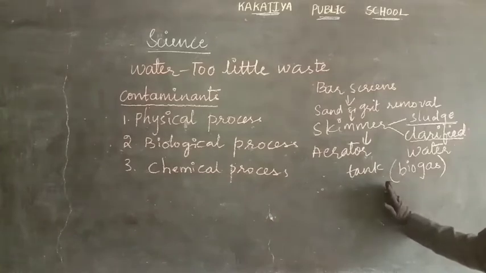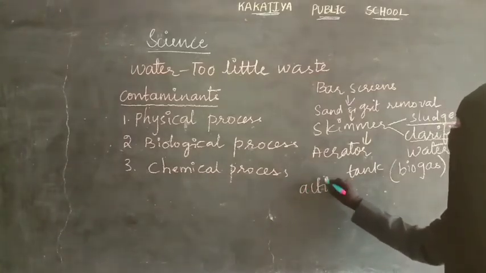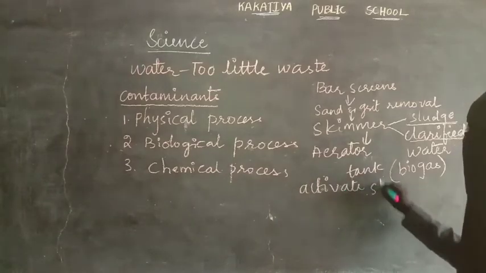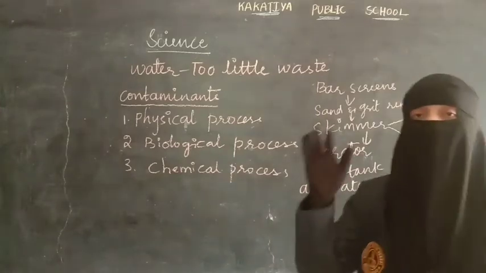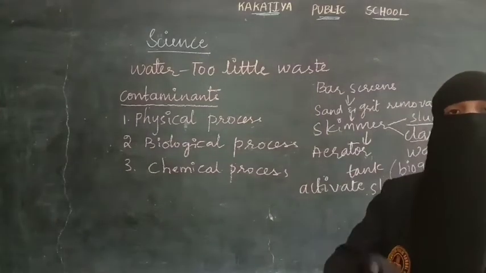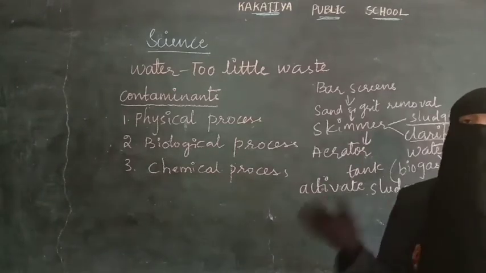The sludge which contains microorganisms is called activated sludge. So activated sludge will be at the bottom and clarified water will be at the top. Now sludge and clarified water get separated.